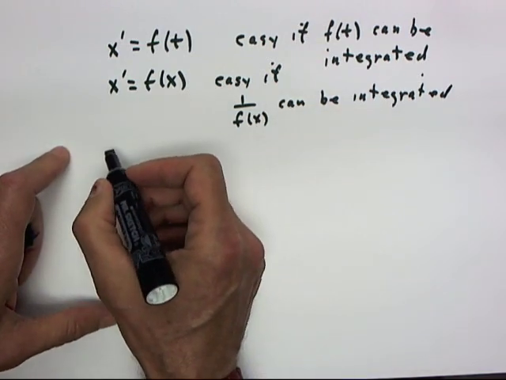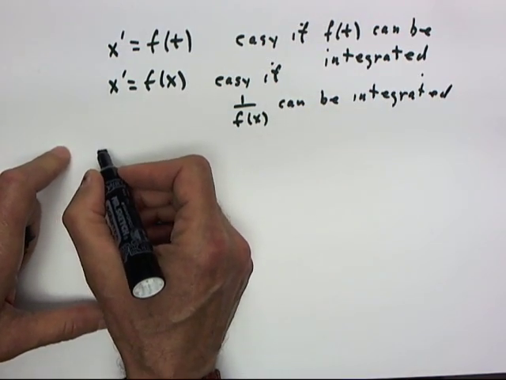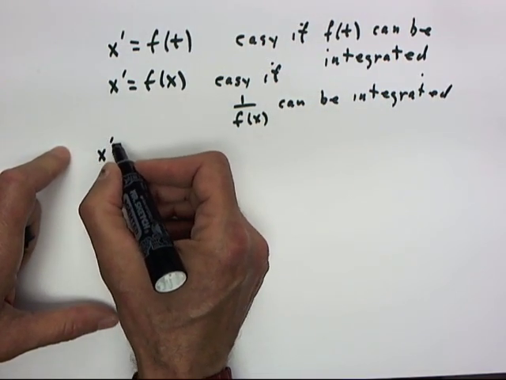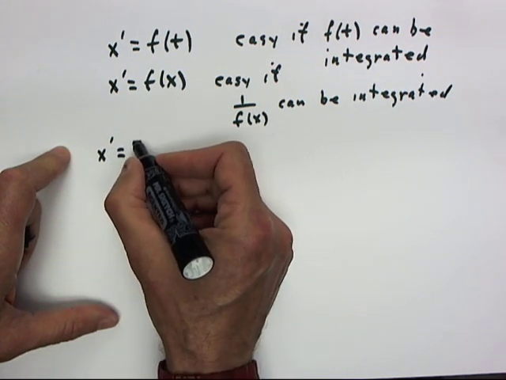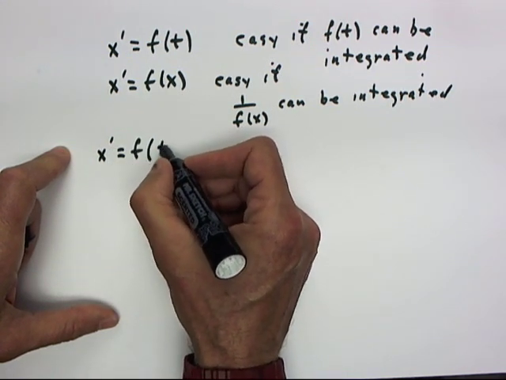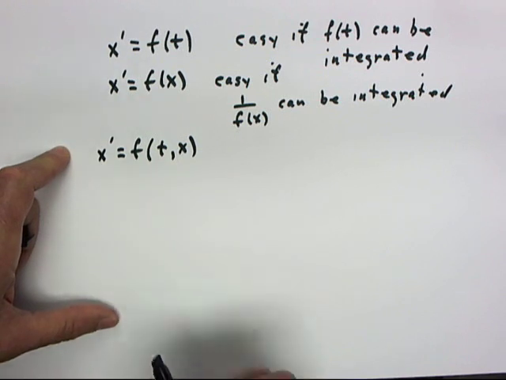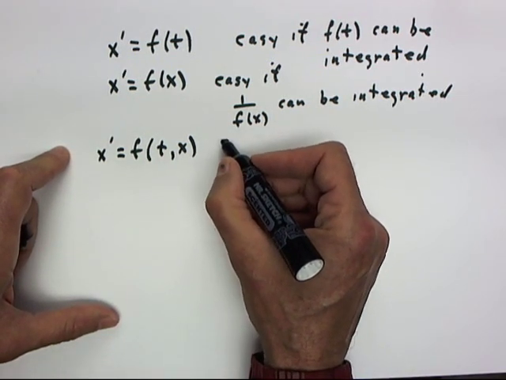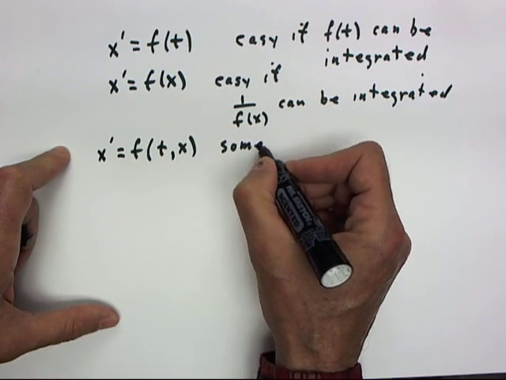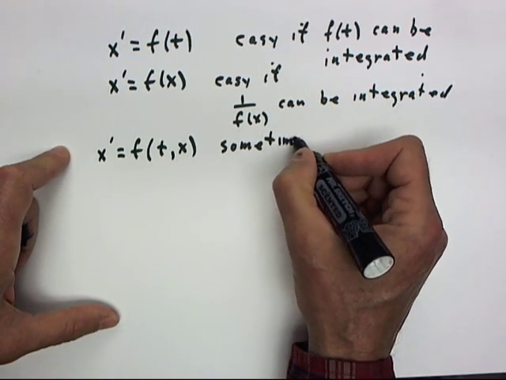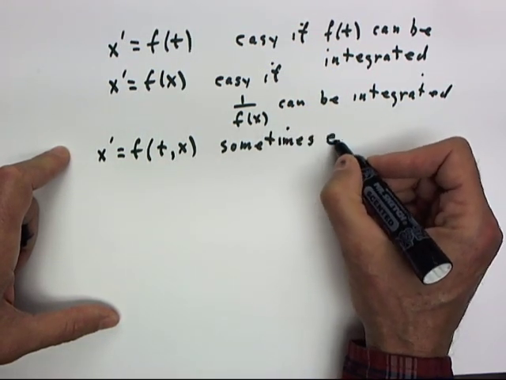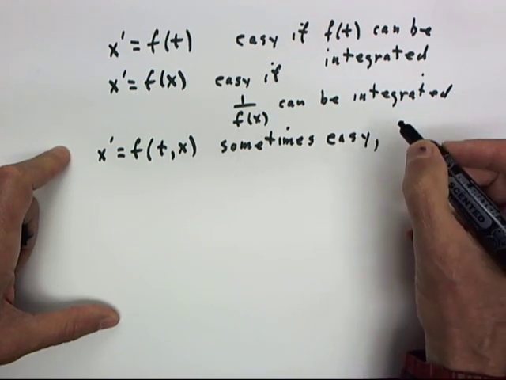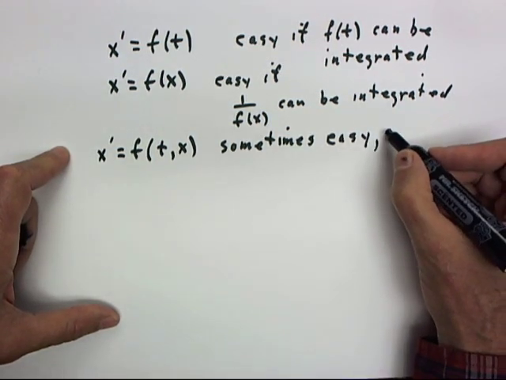Okay, the function x prime equals f of t, x. Now this in some cases could be sometimes easy, sometimes impossible.